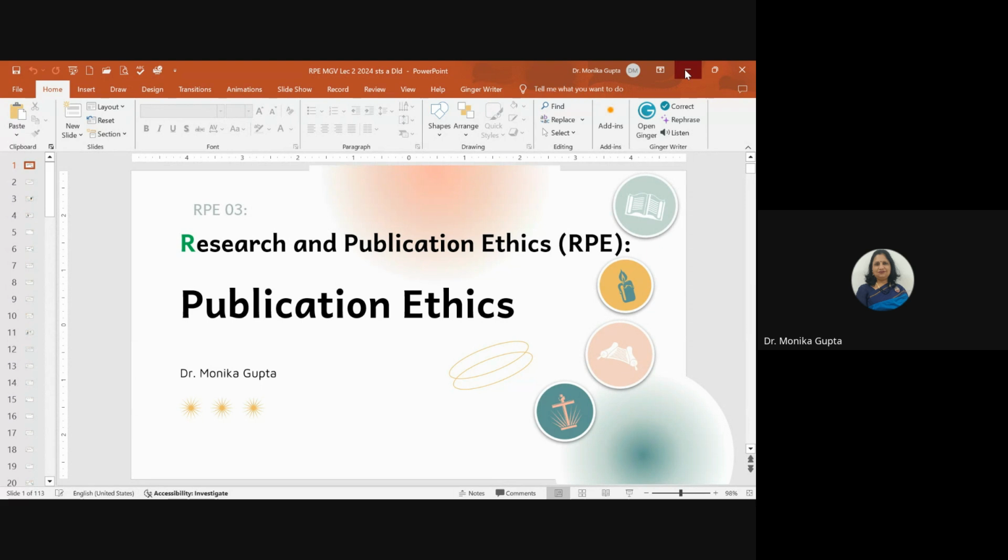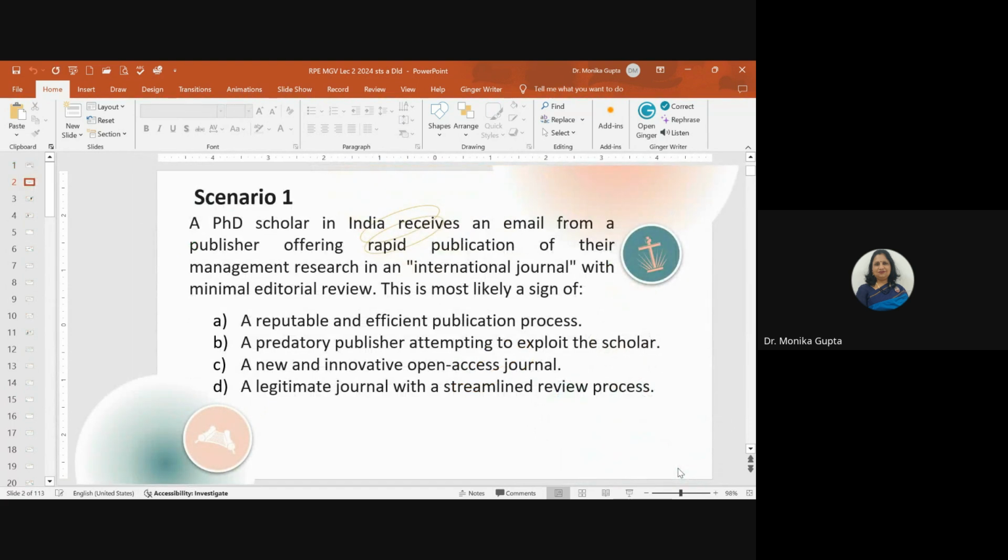So let us go through scenario 1 as we had been doing yesterday. A PhD scholar in India receives an email from a publisher offering rapid publication of their management research in an international journal with minimal editorial review.